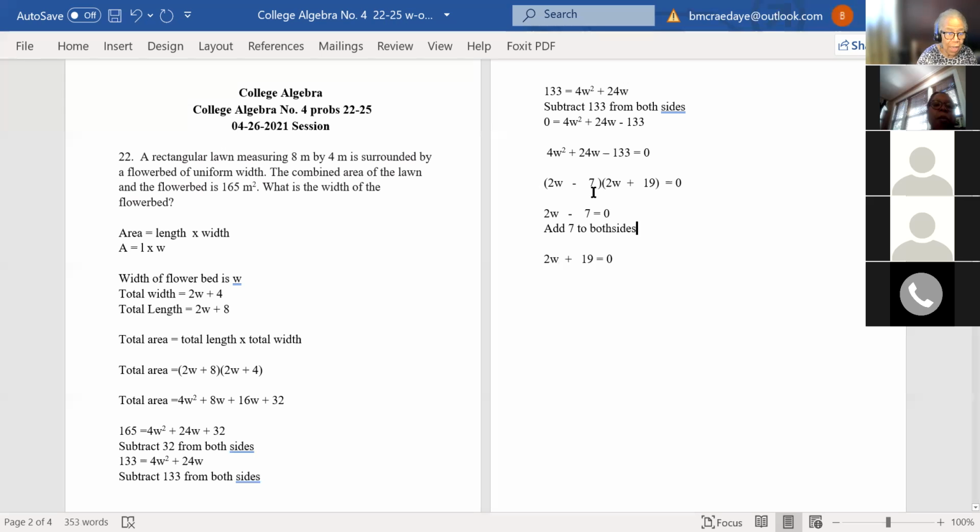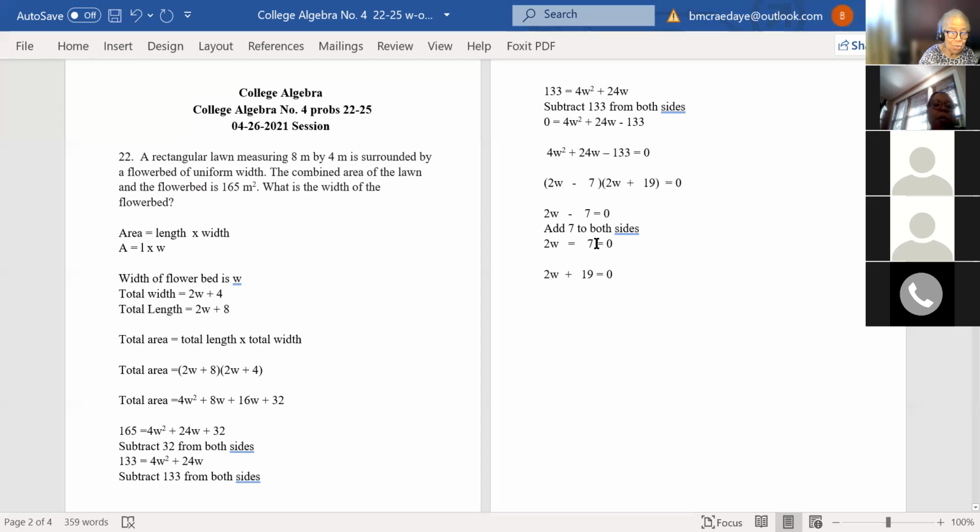All right, so if you add 7 to both sides, you get what? What do you get left? 2W. 2W will be equal to what? What's 7 plus 0? 7.